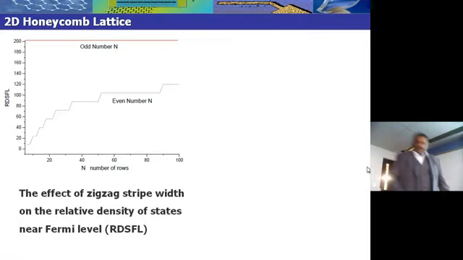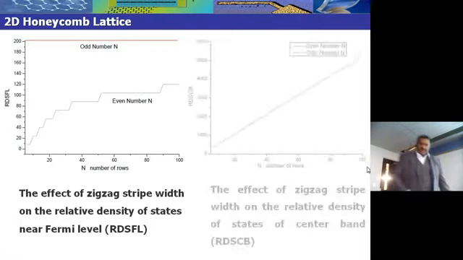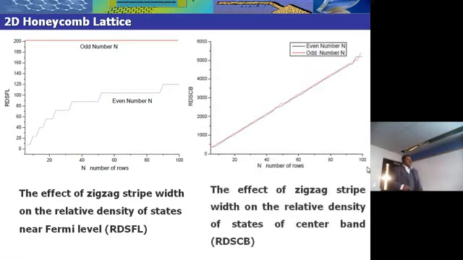As we see here, it increases. The bulk is not affected very much, and odd and even are nearly the same. This comes because the center band measures all the states, even those near the Fermi level, within this parameter.